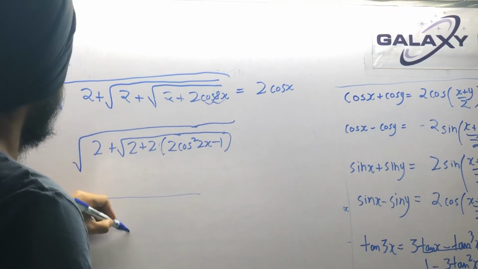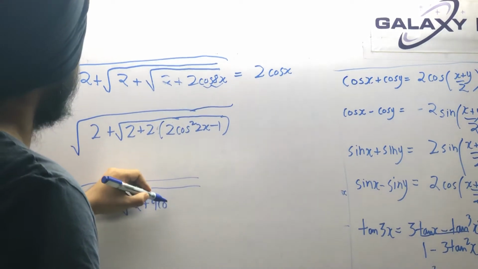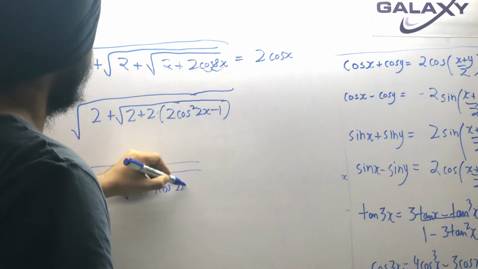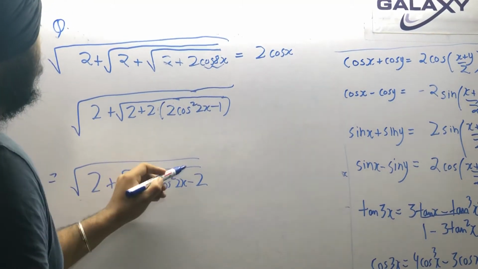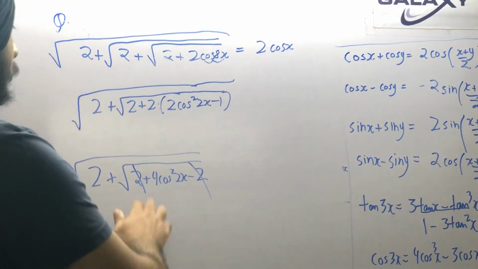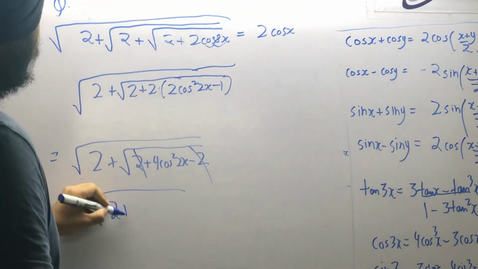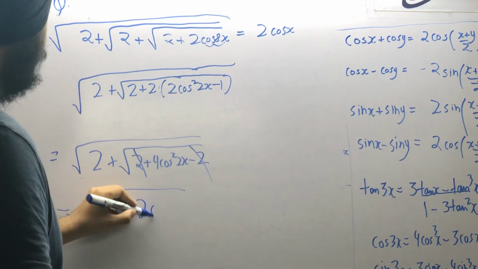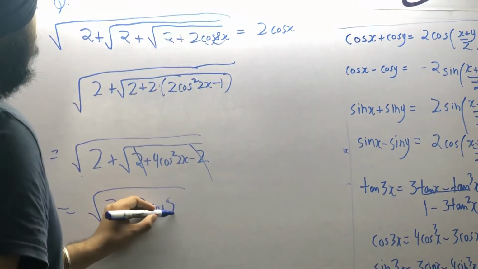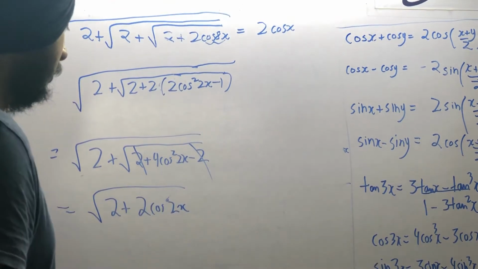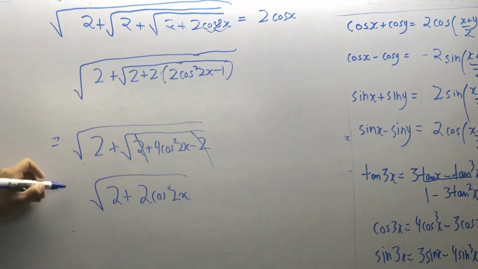2 plus under root 2 plus 4 cos square 2x minus 2. So 2 cancels. So the square root of 4 cos square 2x is 2 cos 2x. Now again just use the same formula. Once you know the trick, then it is a very easy question.